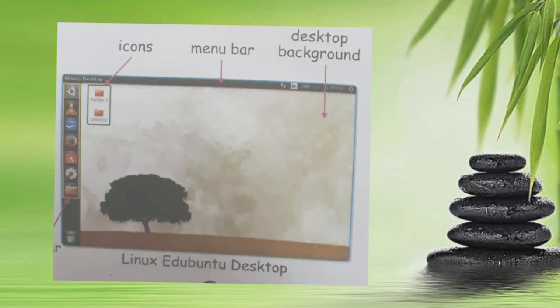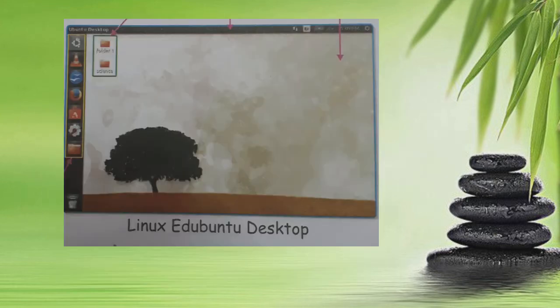That screen is known as desktop. And this desktop contains mainly 4 parts: desktop background, icons, launcher and menu bar. What is meant by this desktop background? That is the background picture of Linux Edubuntu desktop.